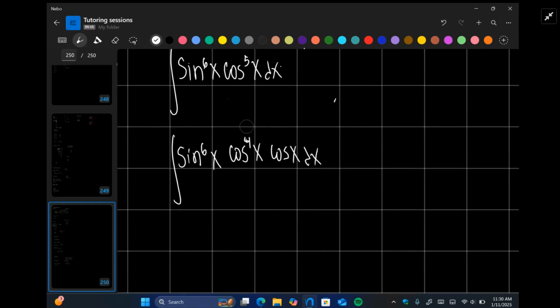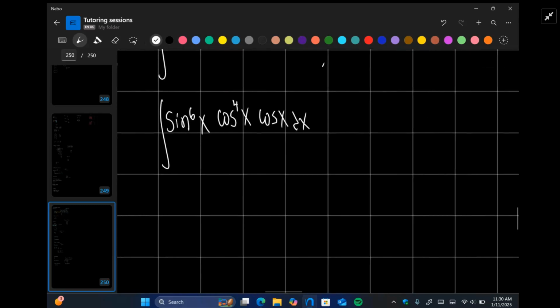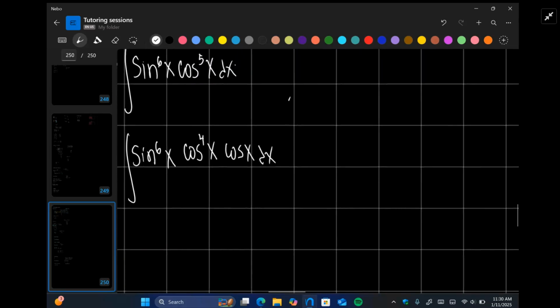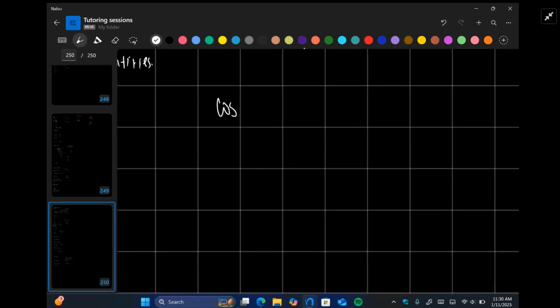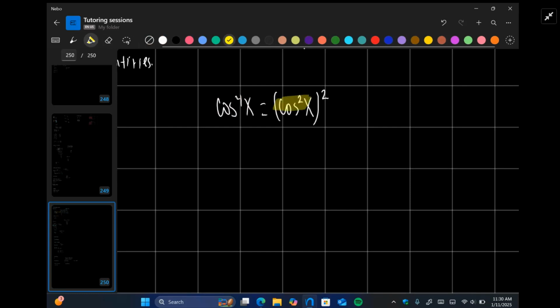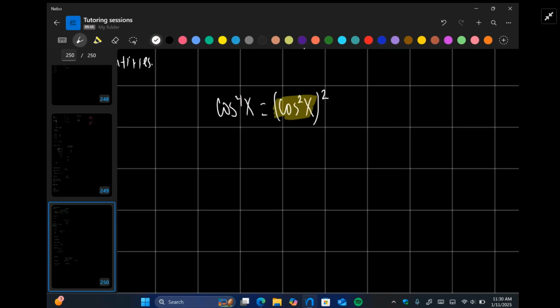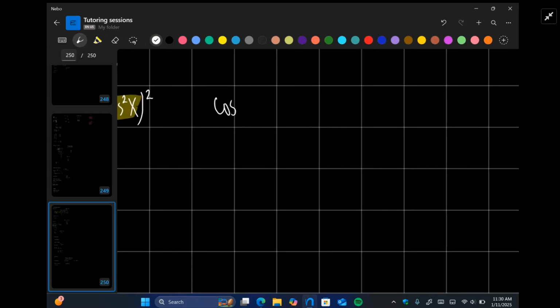And now, let me write that a little better. If you look at this, we know that cosine to the 4th x, using your laws of exponents, is cosine squared x, all squared. And we know that by the Pythagorean identity, cosine squared x is 1 minus sine squared x.